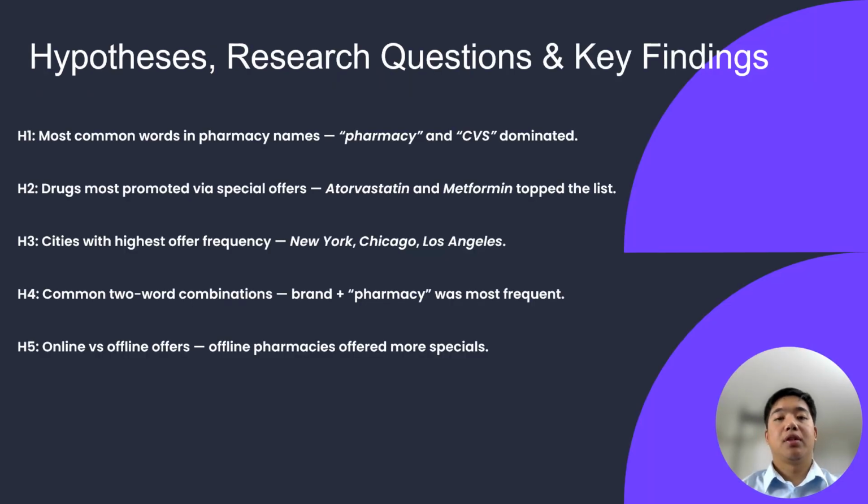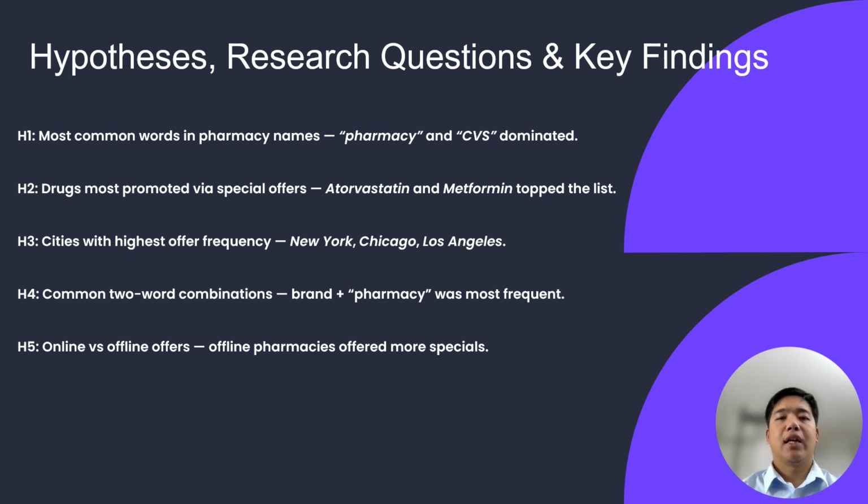So, as per the project requirement, we were required to formulate 5 hypotheses to guide the analysis. For the first hypothesis, I looked at the most common words in pharmacy names. Not surprisingly, pharmacy and CVS were amongst the most dominant, reflecting both generic and brand-specific naming trends.